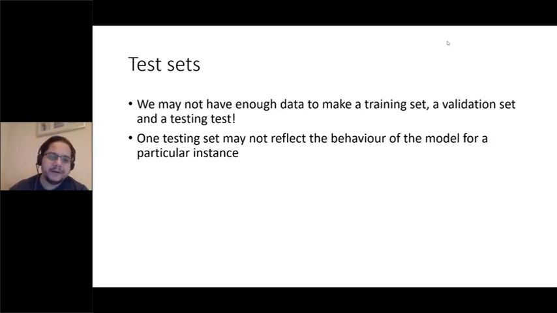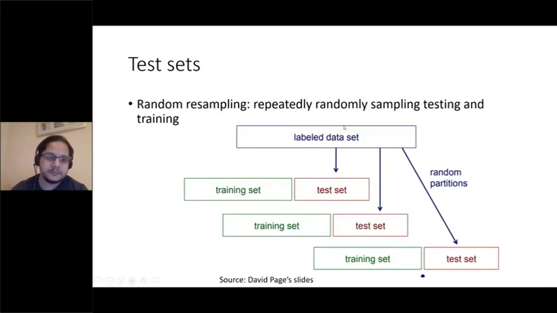So what we can do is what we call random sampling. We repeatedly randomly sample training and testing sets, and keep doing this again.